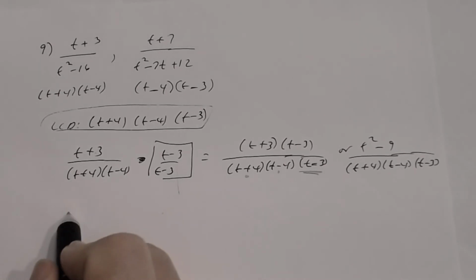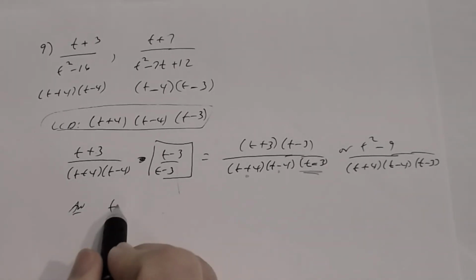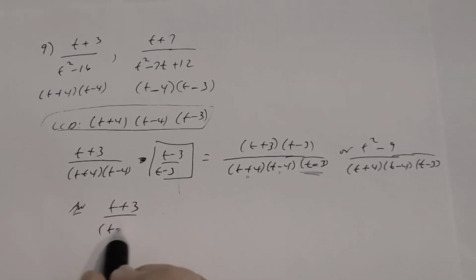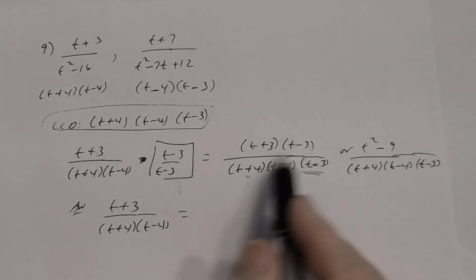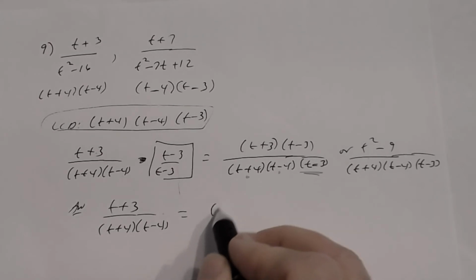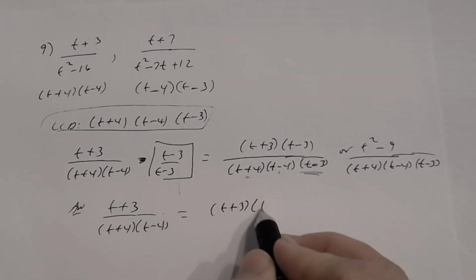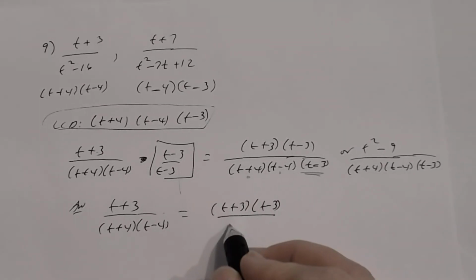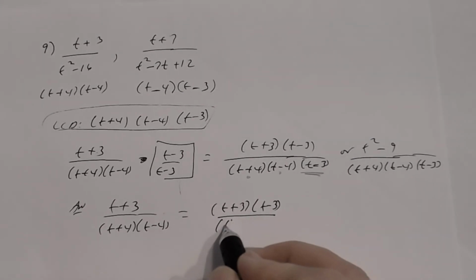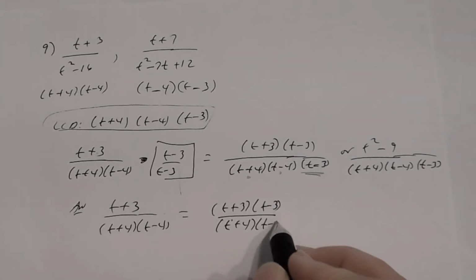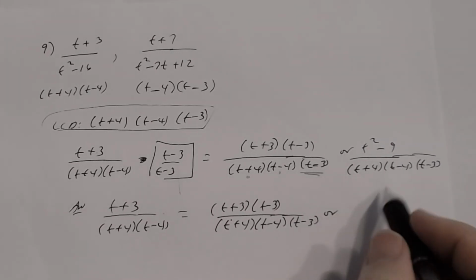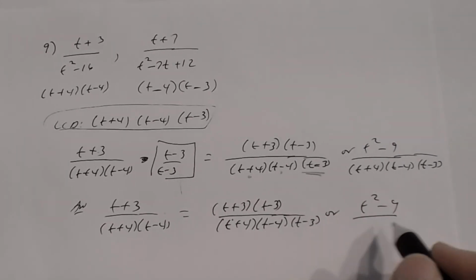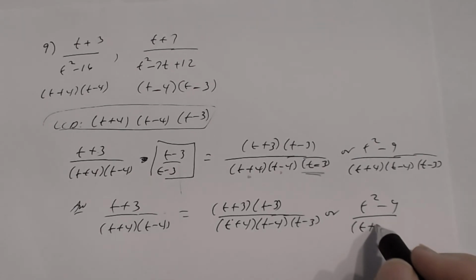So your answer for that one is t plus 3 divided by t plus 4 times t minus 4 is equivalent to either one of these. It does not matter. T plus 3, t minus 3 divided by t plus 4, t minus 4 times t minus 3. Or you can say this. All right, so that's that first rational expression.